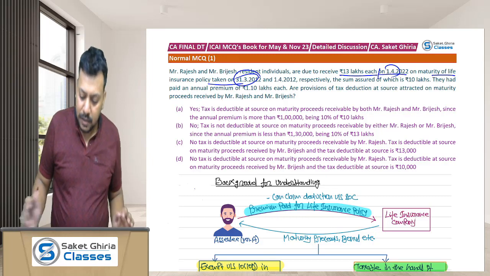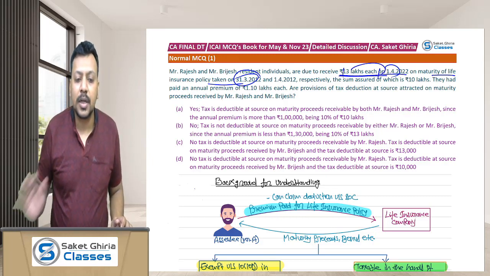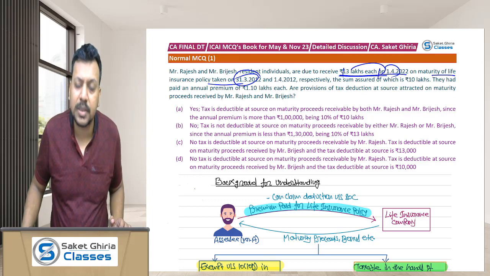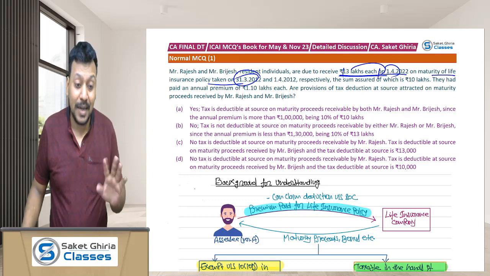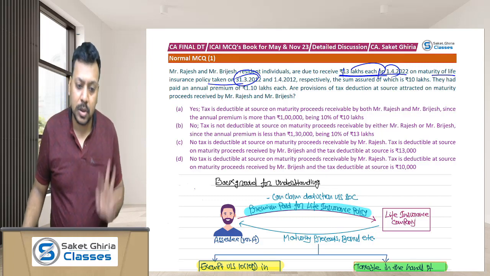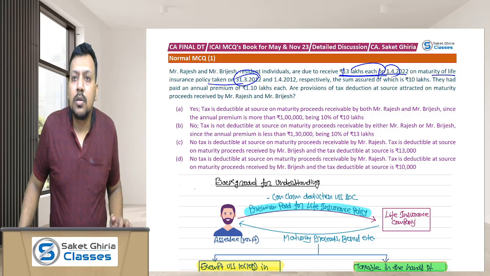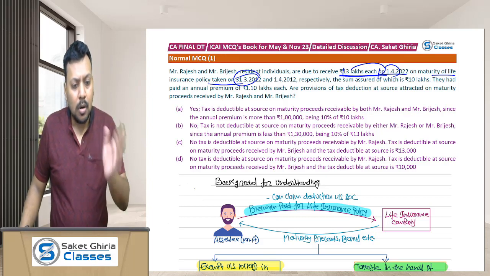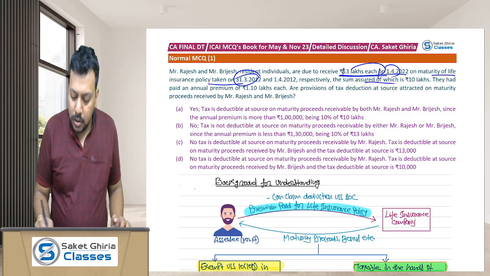So in this case, even if these life insurance policies are of the nature of ULIP, those additional conditions, as provided in the 4th proviso and 5th proviso to section 10(10D), are not applicable, because those additional points are applicable only for ULIPs issued on or after 1st Feb 2021. The sum assured is rupees 10 lakh.